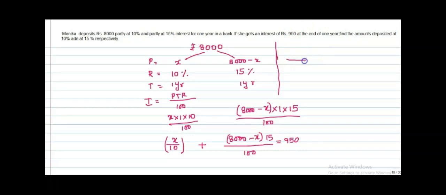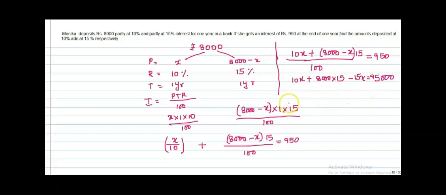If we take the LCM, it is going to be 100. So we get 10x plus 8,000 minus x into 15 is equal to 950 into 100, that is 10x plus 8,000 into 15 minus 15x is equal to 95,000. When we start simplifying this, 10x minus 15x is minus 5x.